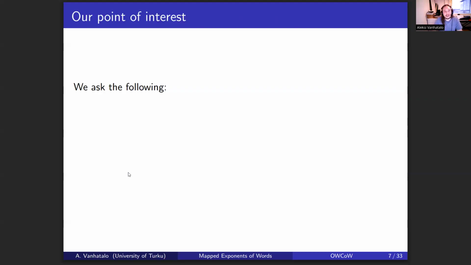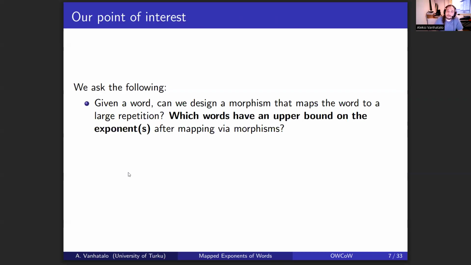And yeah, then our explicit questions would be like this. Given a word, can we design a morphism that maps the word to a large repetition? And especially, which words have an upper bound on the exponents after mapping via morphisms? Because the exponents are measurements of how repetitive the word is, we want to know if there is an upper bound.